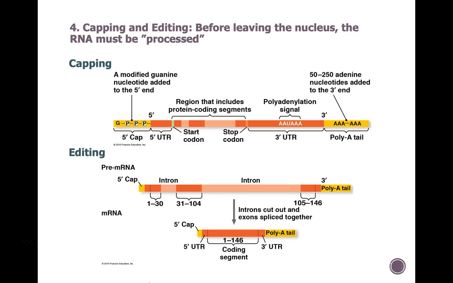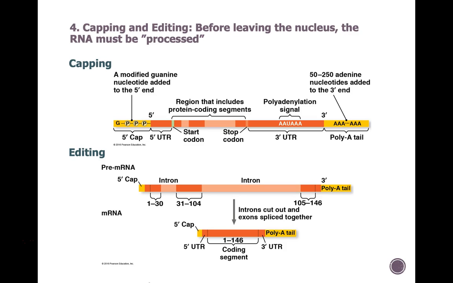Remember from chapter 4 that those ribosomes are studded in the side of the rough endoplasmic reticulum. So we have to move this messenger RNA from the nucleus out to the endoplasmic reticulum where the process of protein synthesis is actually going to occur on those ribosomes.